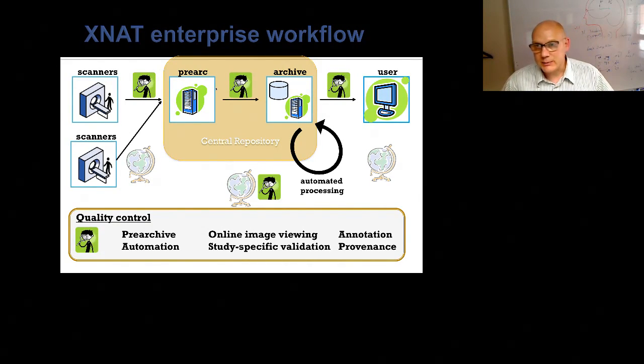Finally, the archive is made available to our external users throughout the world so that they can look at this derived or raw data and save themselves a lot of time in doing quality control checking and in doing pre-processing that is pretty standard across the brain imaging field.